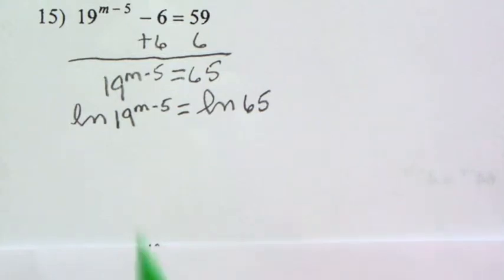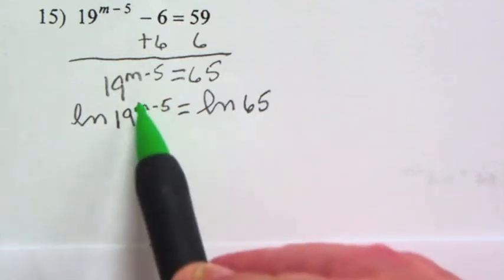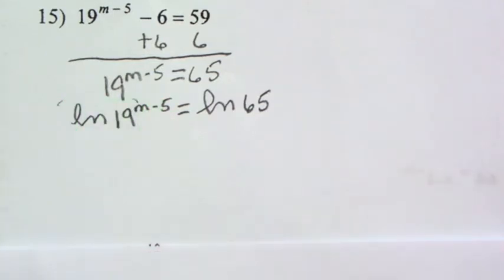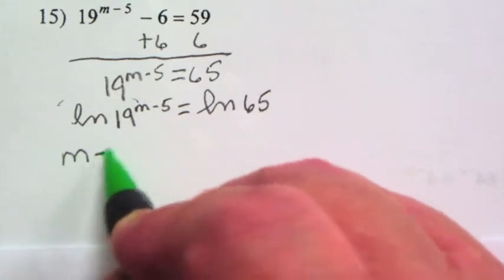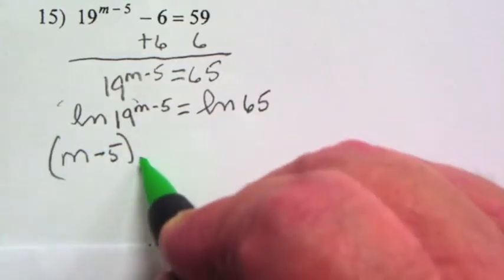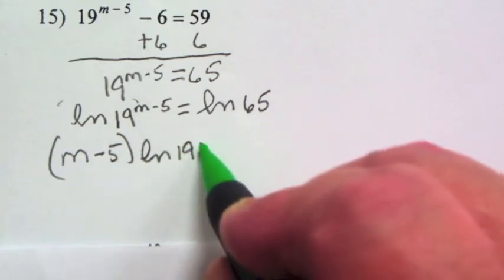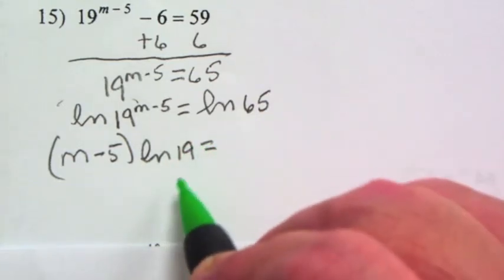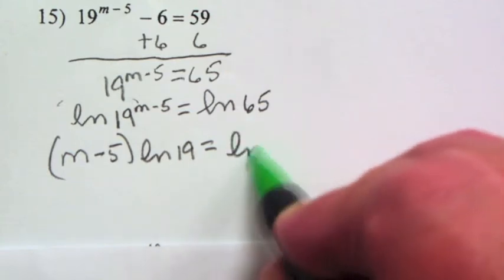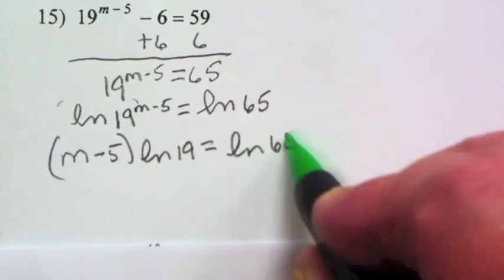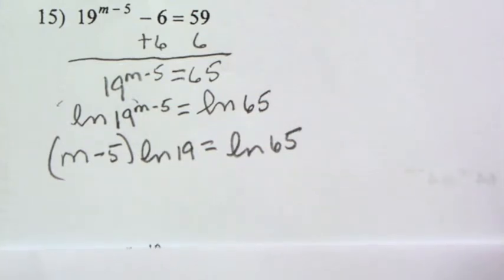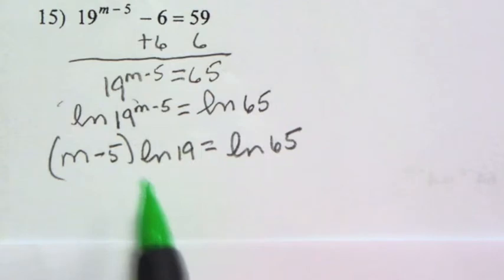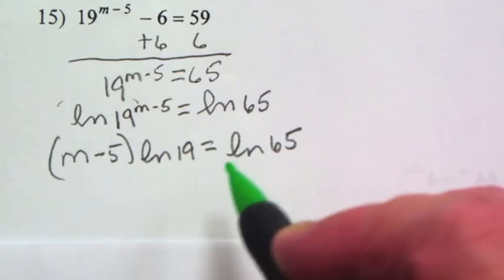All right, now, anytime we take a logarithm, the rule is that the exponents come out to the front and become a multiplier. So I end up with m minus 5 out front times ln of 19, or the natural log of 19, equals the natural log of 65. Now, just like with any equation, I want to solve for my variable. My variable is m, so I need to isolate it. So I'm going to move this to the other side by dividing both sides by the natural log of 19.